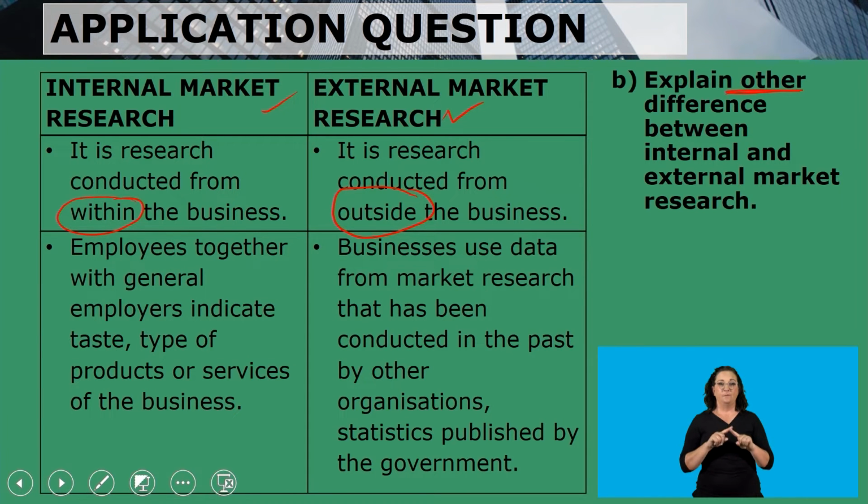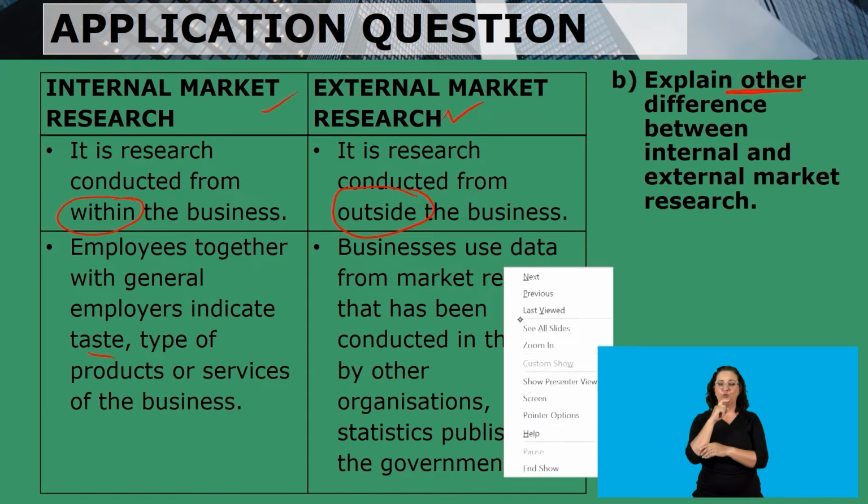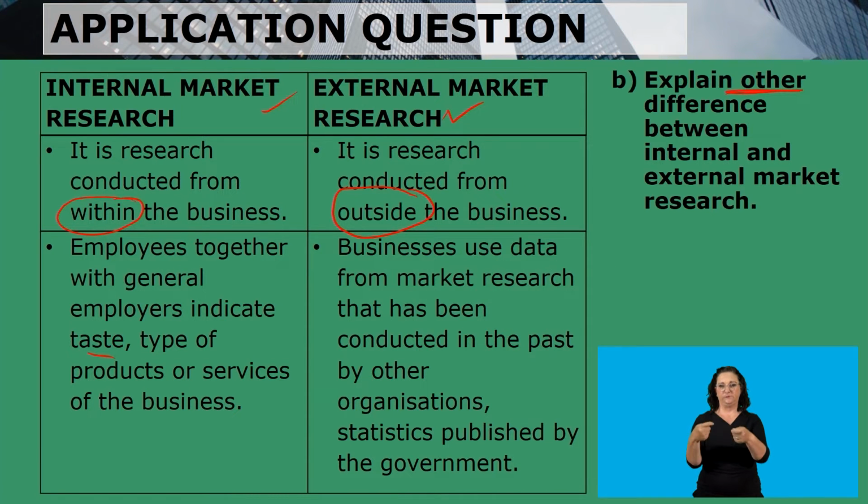Secondly, employees together with employers indicate the taste, the type of product or service of the business, whereas with external, they use data from market research that has been conducted in the past by other organizations or statistics that are published by the government. So this is conducted externally. I hope you're still with me.